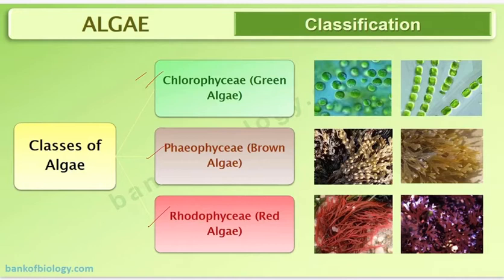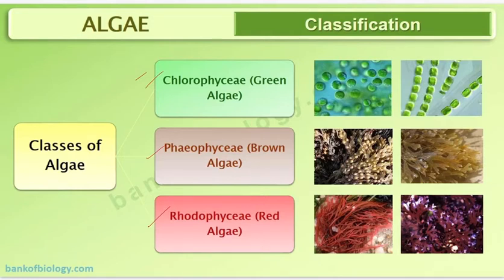Cryptogams are plants without seeds that include algae, bryophyta and pteridophyta, whereas phanerogams are the plants with seeds that include gymnosperms and angiosperms.